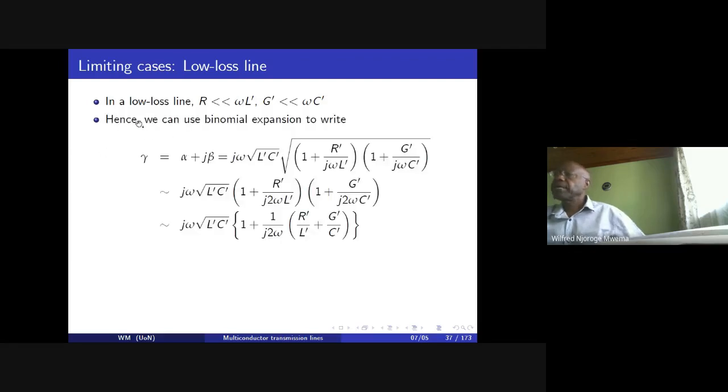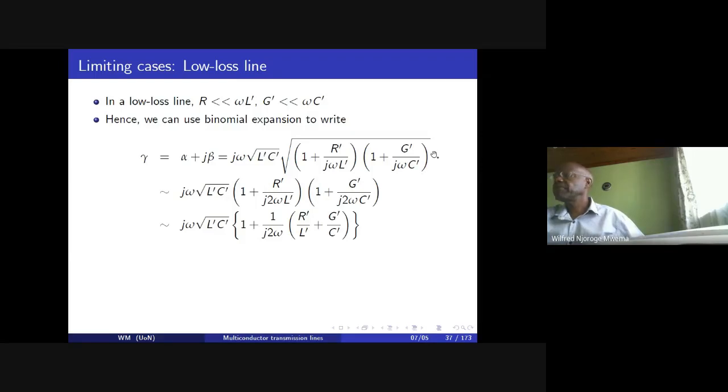So we can therefore use the binomial expansion for gamma as follows: alpha plus j beta is equal to j omega multiplied by root L prime C prime. We are extracting out that function there, and we just get 1 plus R prime over j omega L prime multiplied by 1 plus G prime over j omega C prime.